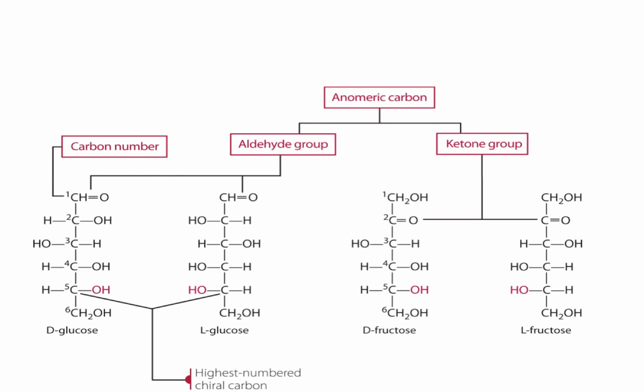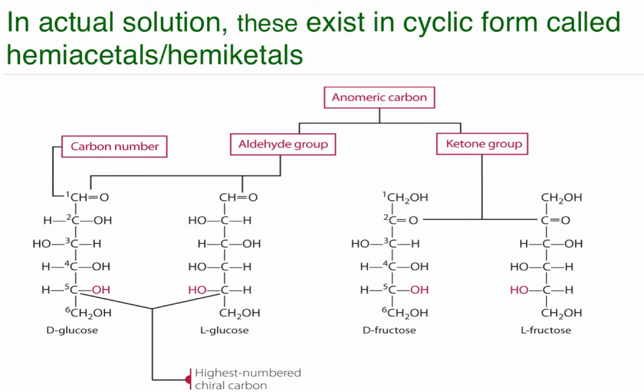Alright, and here we have, there we go. So all of these are considered to be either an aldehyde or aldose, or a ketone or a ketose. So for instance, glucose would be considered an aldehyde, fructose would be considered a ketone. And this is based on the anomeric carbon location. So here on glucose we have an anomeric carbon, which is the carbonyl group here.